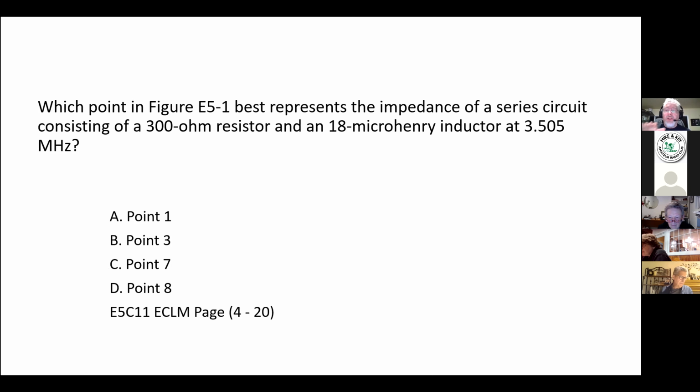So we know that it's going to be 300 ohms resistance, so we're going to go over to the right to the 300 ohm mark, and since it's inductance, we're going to go up.